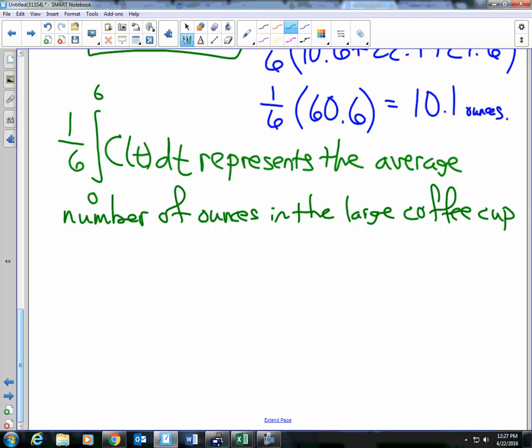Am I done? Over the time t equals 0 to t equals 6.